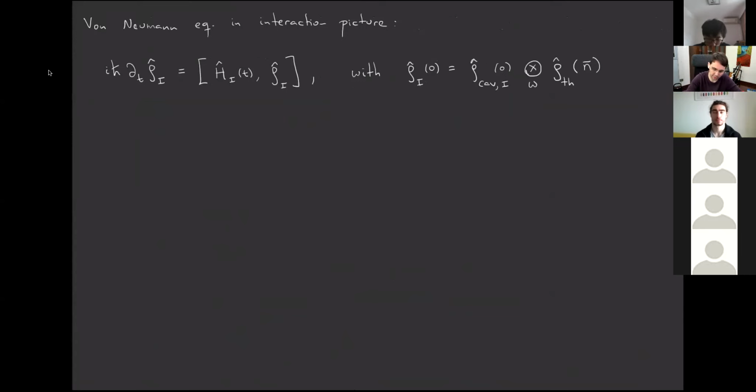This n is just the Bose-Einstein distribution at the frequency that we are working at. We assume that this is more or less flat around the cavity resonance, and therefore this is just the Bose-Einstein distribution at the cavity frequency. So this perfectly defines the starting point for our perturbation theory.